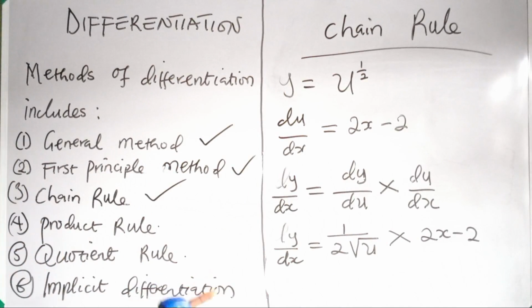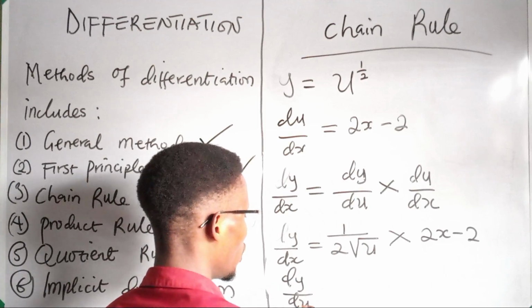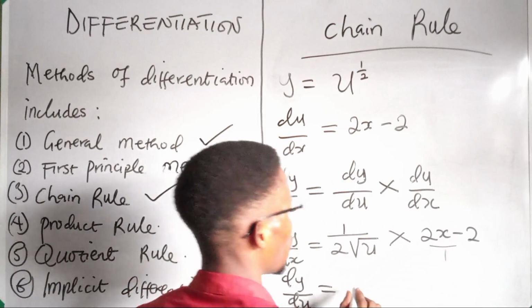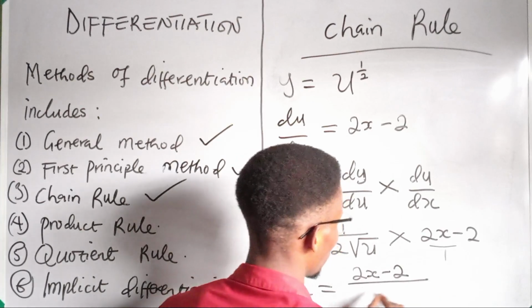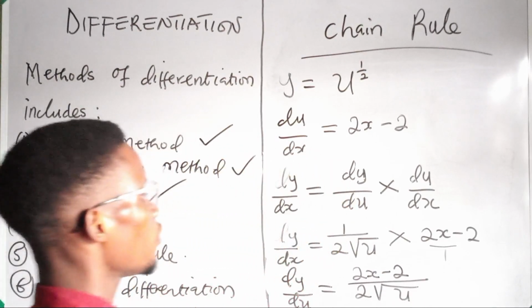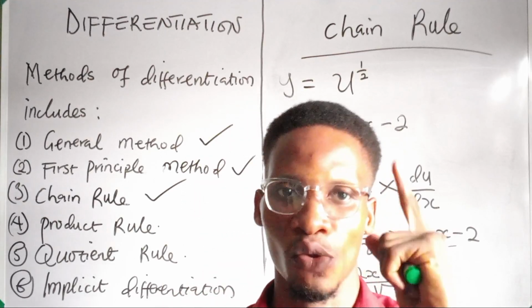If this is multiplied, we are going to have 2x minus 2 all over 2 square root of u. Looking at the numerator, you need to factor out what they have in common, which is 2.